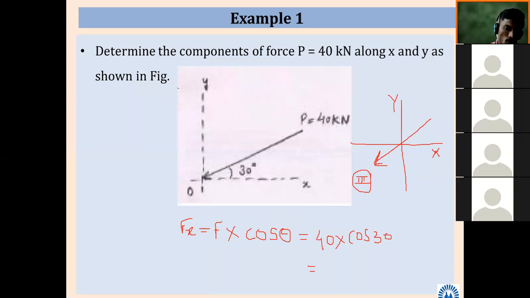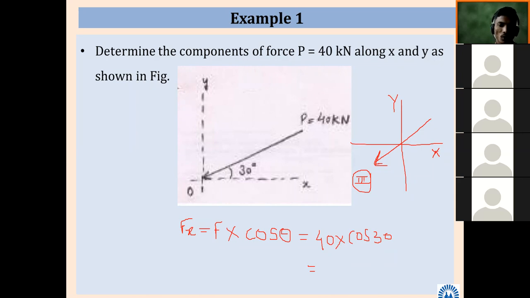You can multiply by cos 30 using the calculator. So simply cos 30 into 40, whatever it comes. What is it coming? 20√3.